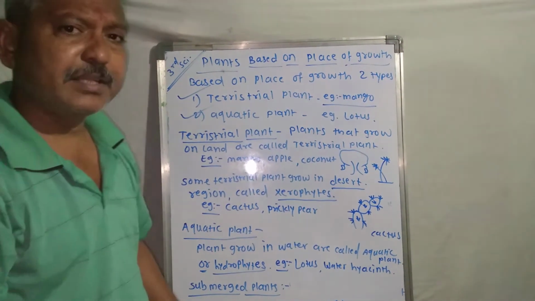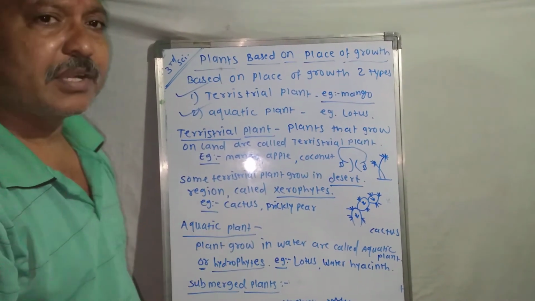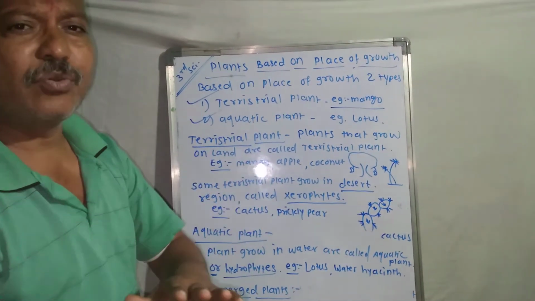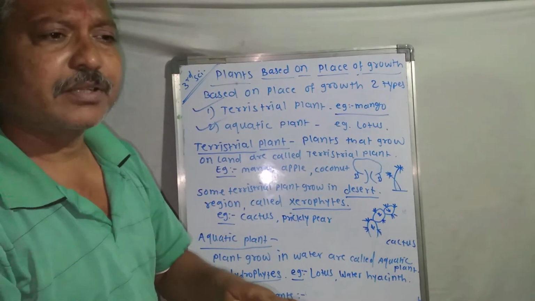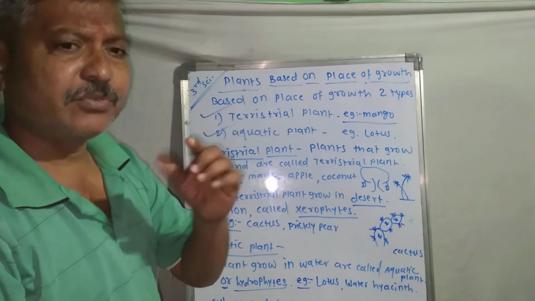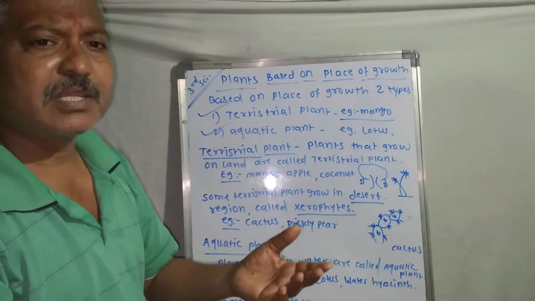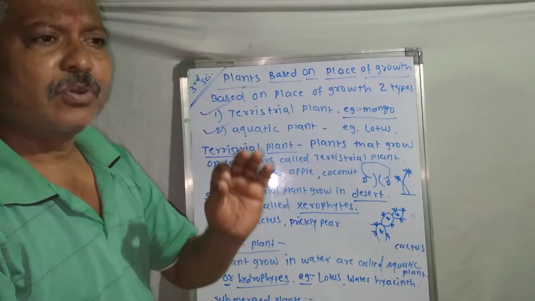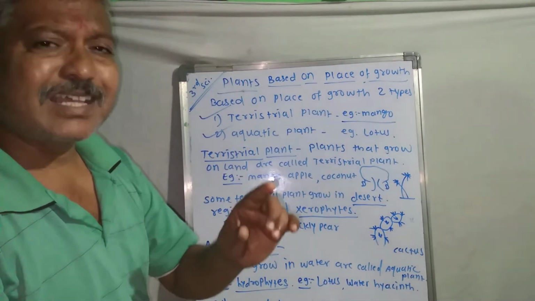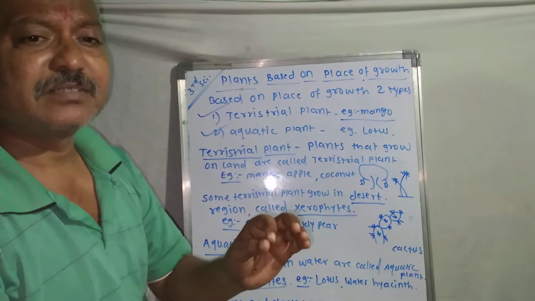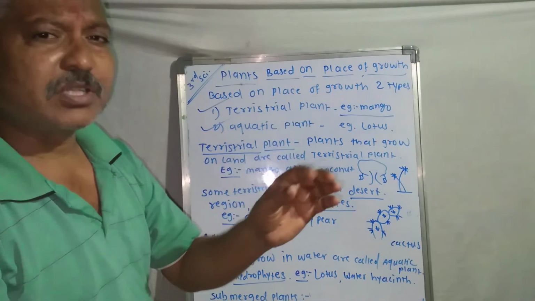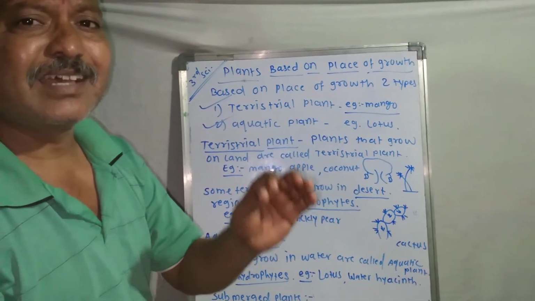Then the next one is the aquatic plant. So what is meant by aquatic plant? The plants that grow in the water are called aquatic plants. Listen carefully, I tell you again the definition: the plants that grow in the water are called aquatic plants, or they are also called hydrophytes.